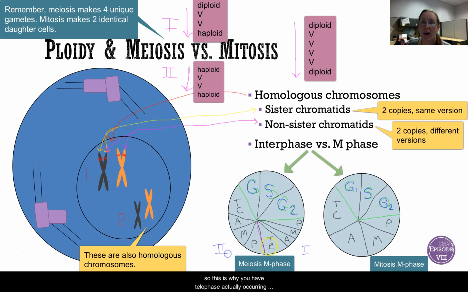So this is why you have telophase actually occurring 3 times. You split the first pair of cells in half in meiosis 1, and then you split both of those cells in half again during meiosis 2. So you have every single stage, prophase, metaphase, anaphase, telophase, and cytokinesis, occurring during both phases.